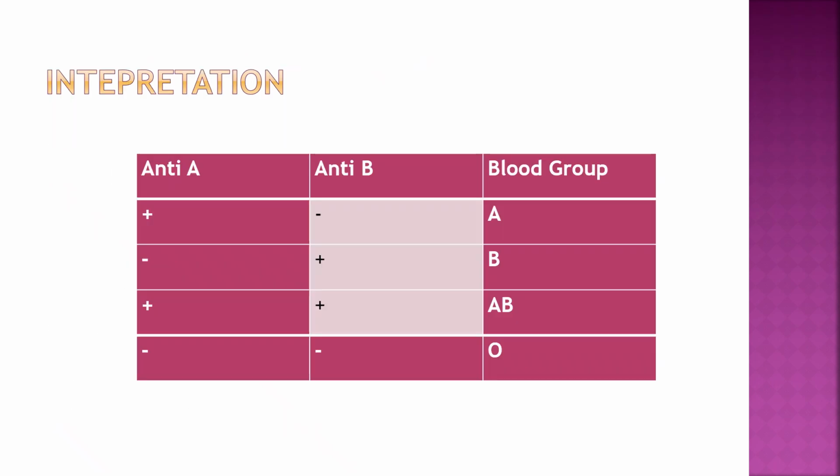If clumps are present in anti-A and no clumps in anti-B, then it is A group. If clumps are present in anti-B and no clumps in anti-A, it is B group. If clumps are seen in both anti-A and anti-B, then it is AB group, and if no clumps, it is O group. O group means no antigen.